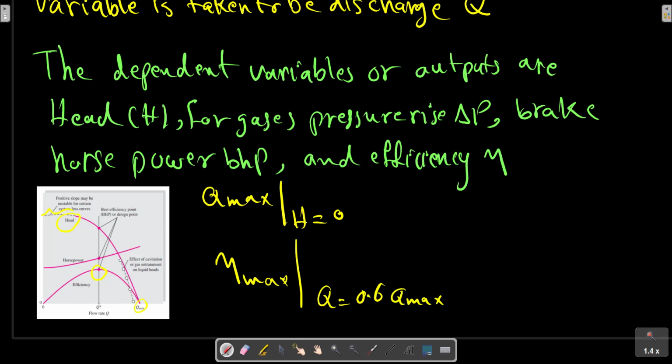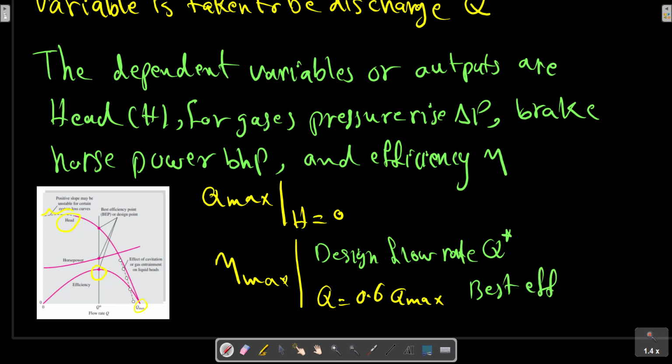This is the design flow rate, Q star, our best efficiency point, which is shown as BEP.